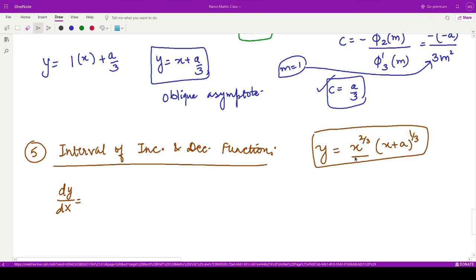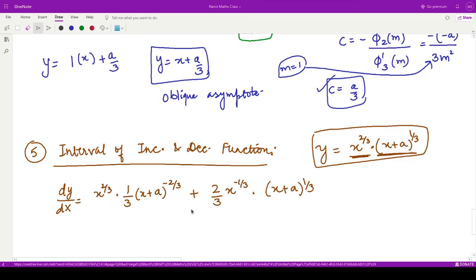Here there are two terms in multiplication, so we apply the product rule of differentiation. First function as such, then the derivative of second term, it would be 1 by 3 x plus a raised to power minus 2 by 3, and then the derivative of first term, it would be 2 by 3 x raised to power minus 1 by 3, and then the second term as such.